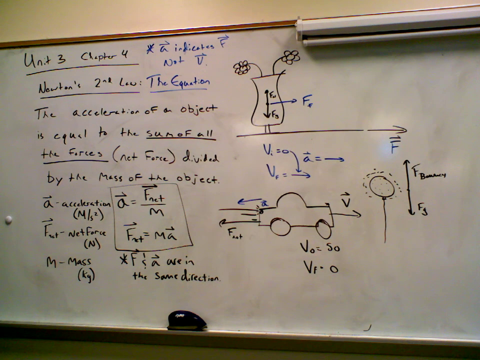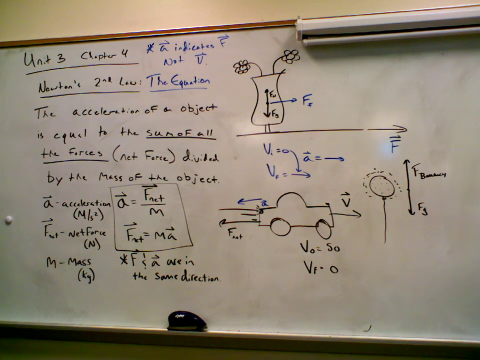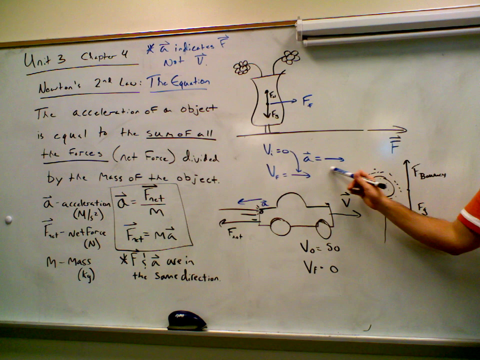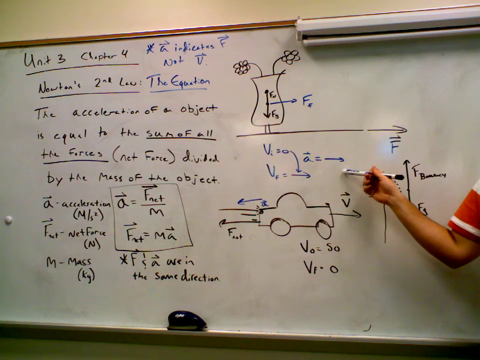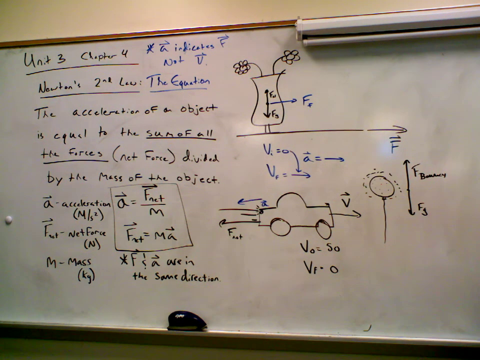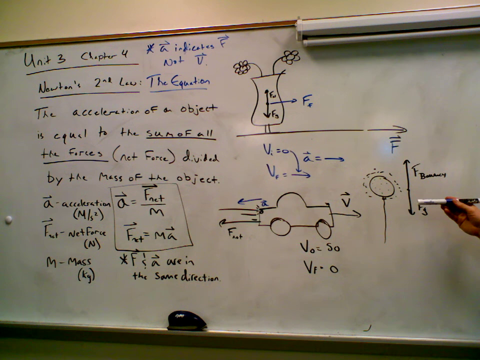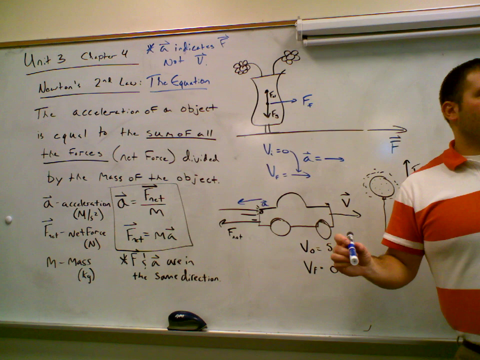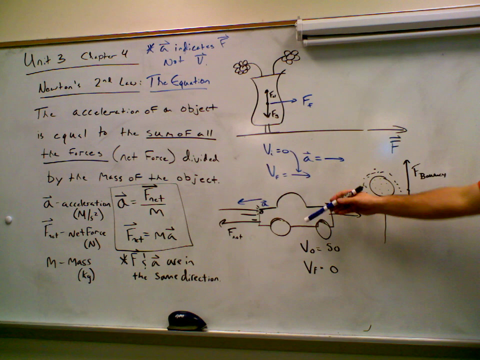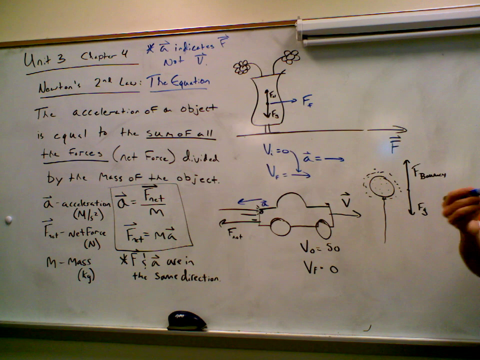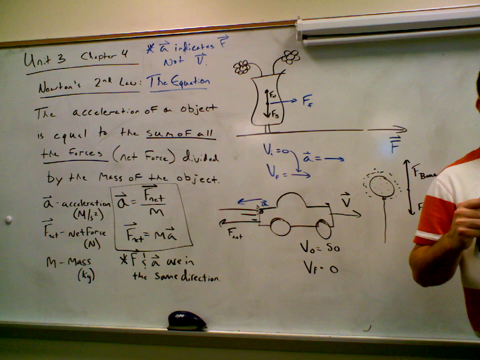The reason I would boil it down to the acceleration, and which way the acceleration is, is because the acceleration tells us the way the net force is acting. Does that make sense? So this car, even though it's moving this way, is experiencing a force in the opposite direction. The brakes being applied to the wheels apply a force that goes in the opposite direction of the car's movement.